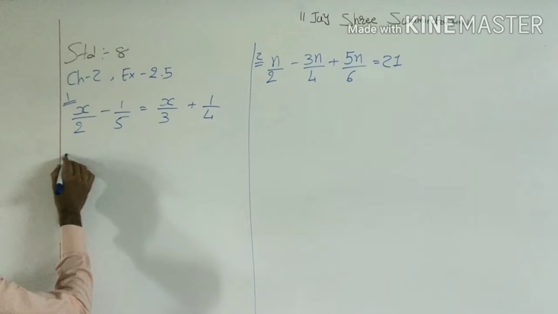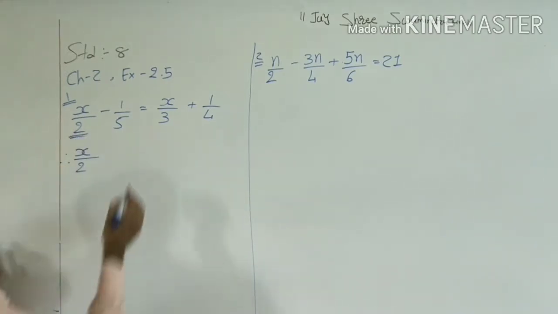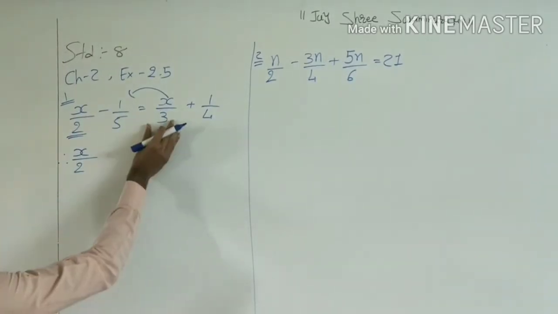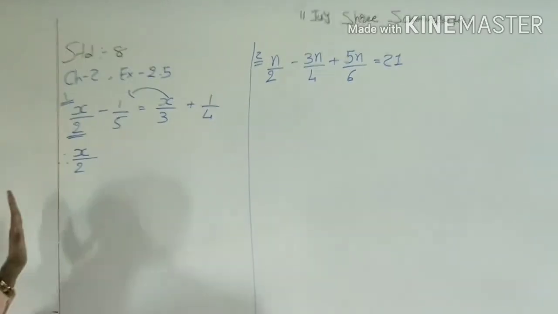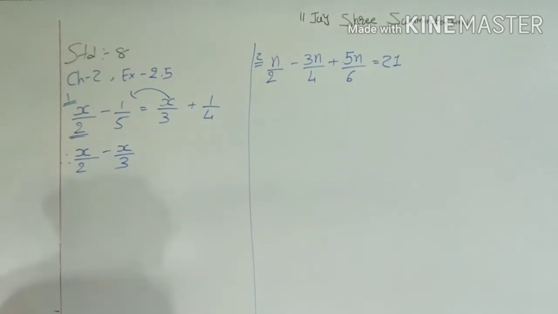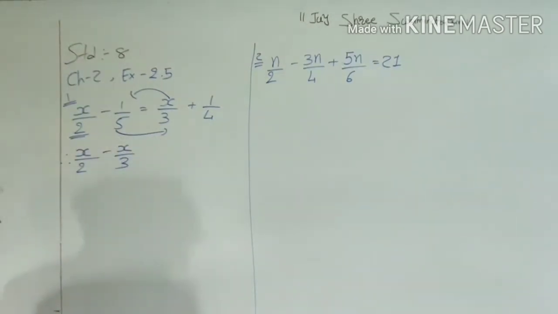Here I have x by 2. So I transfer this term to the left hand side. Here it is plus, and if I transfer it to the left hand side, then it becomes negative. And second thing, I want the numerical term on the other side.